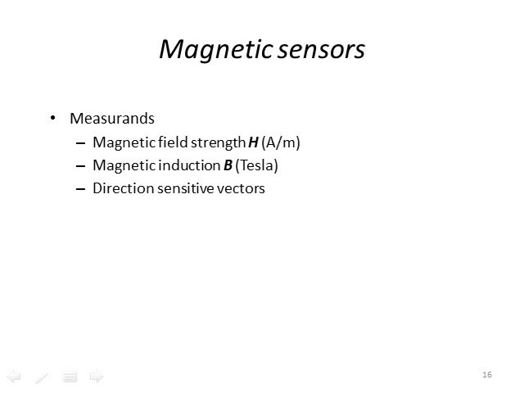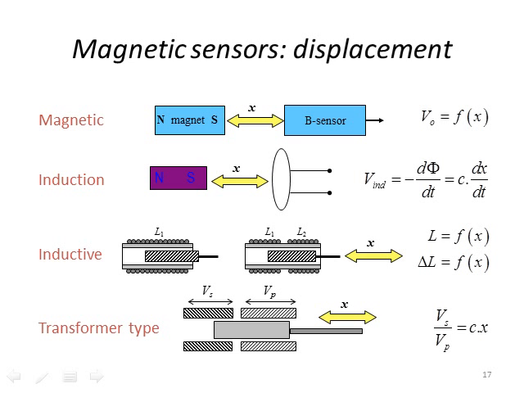Now different types of magnetic sensors, the measurands, remember magnetic field strength, magnetic induction, and these are typically direction sensitive vectors. So displacement sensors, we show 4 on here.